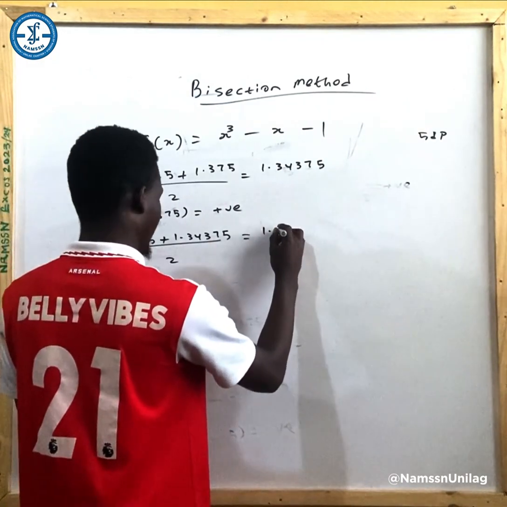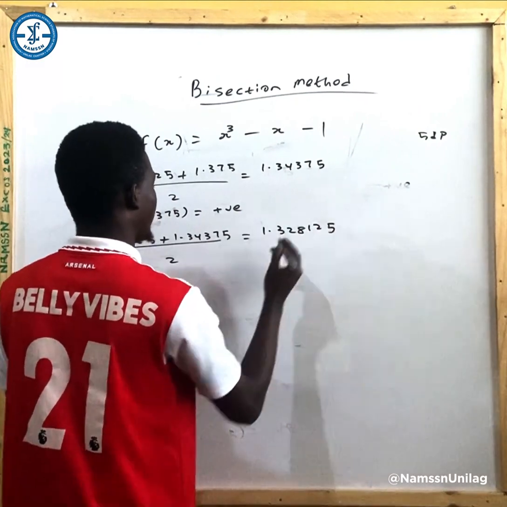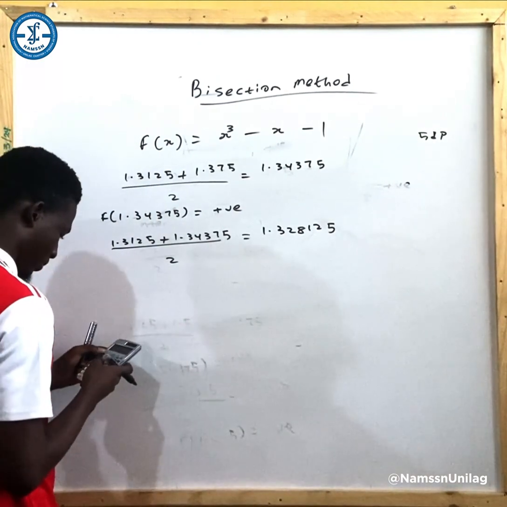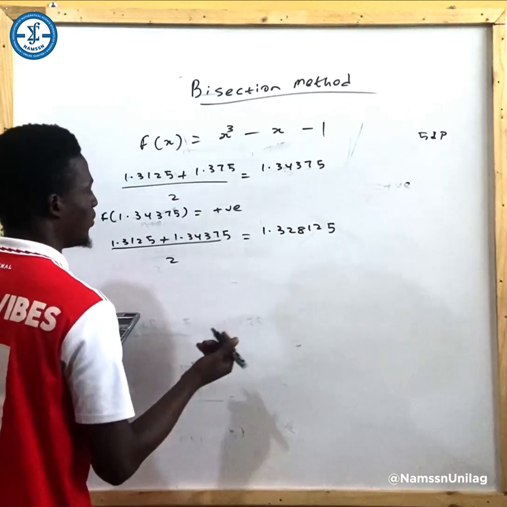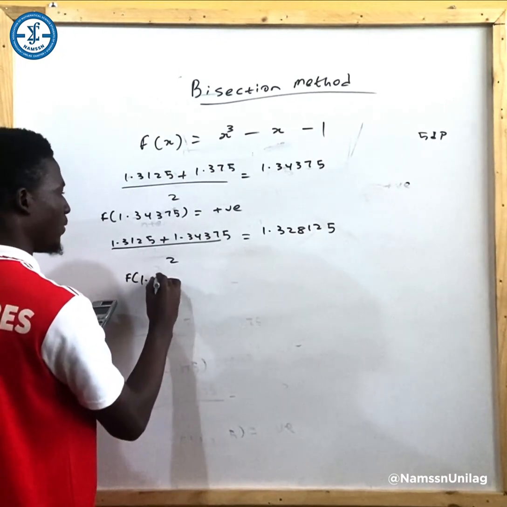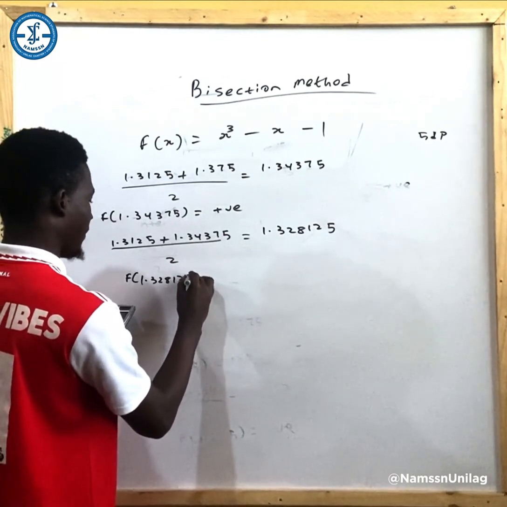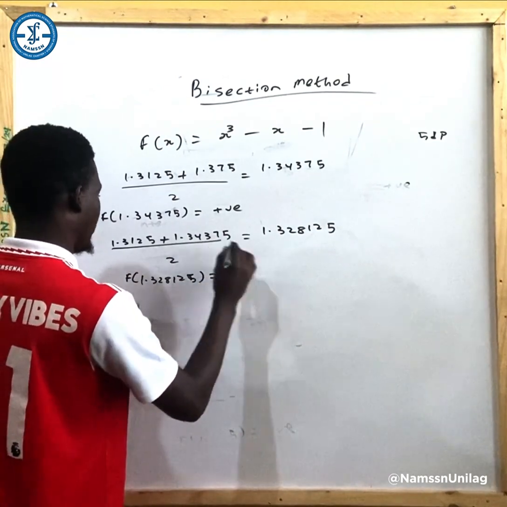So I have 1.328125. So you check positive or negative. So positive. You replace again.